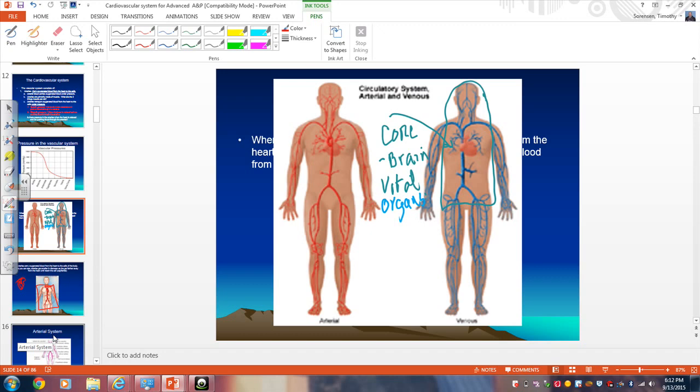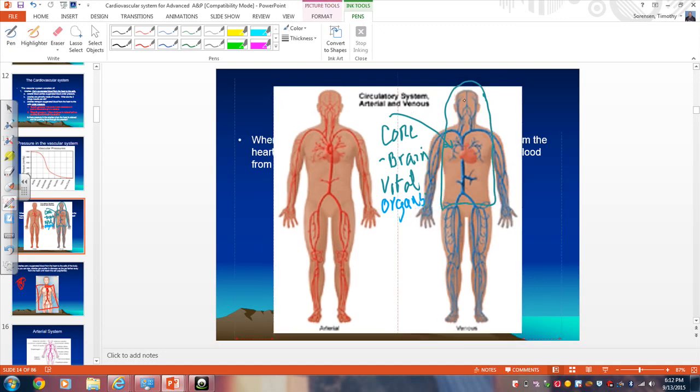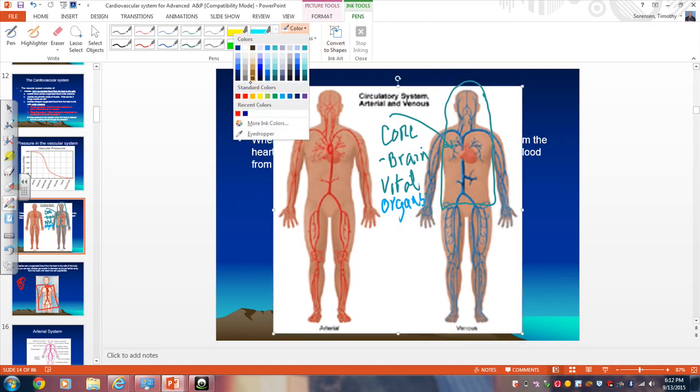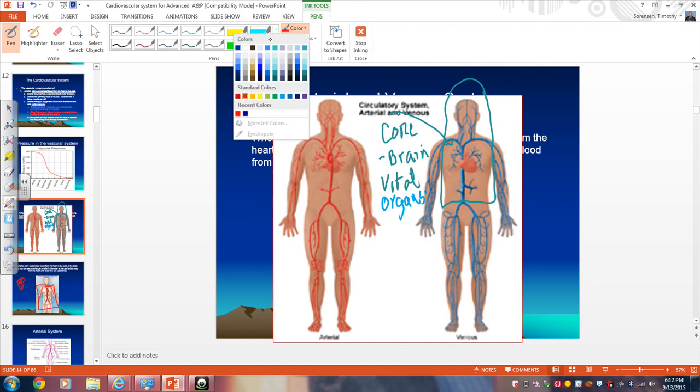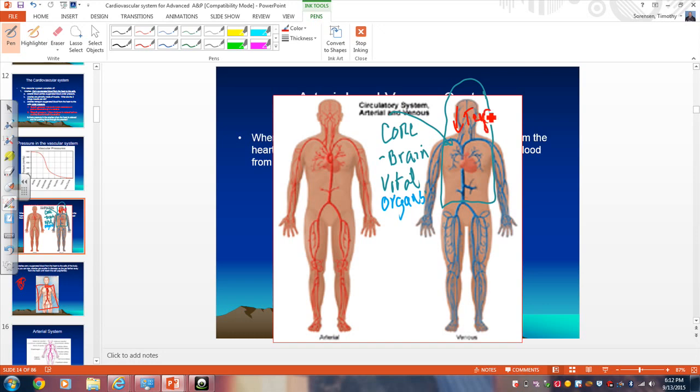And again, if there's a drop in core body temperature, the hypothalamus detects that. There's that drop in core body temperature. The hypothalamus is going to detect that. And it's the job of the hypothalamus to maintain your core body temperature.